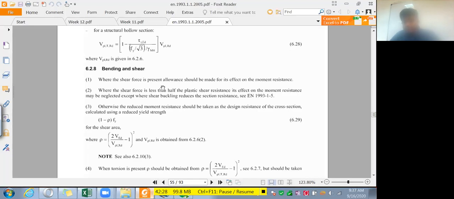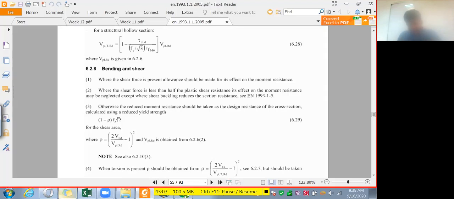Now we have to check this one before we move to clause 3. In our case, when you have both shear and bending, you need to check for the influence of shear on the bending resistance. Suppose the shear force is less than half the plastic shear resistance, its effect on the moment resistance may be neglected. Otherwise, if it is not less than half, then you have to find the reduced moment capacity using this equation.